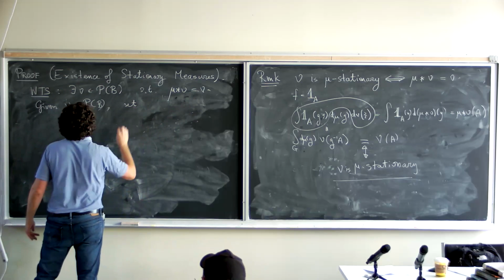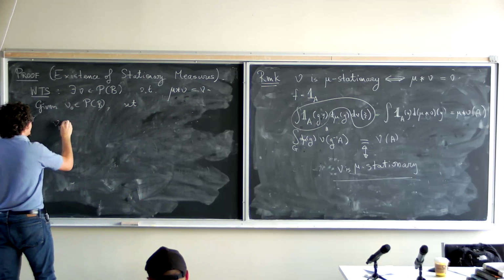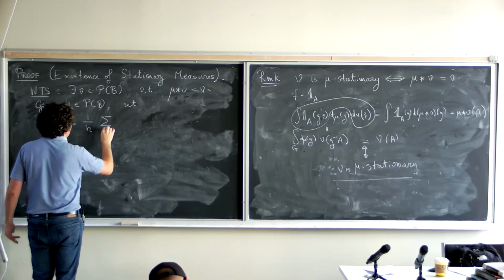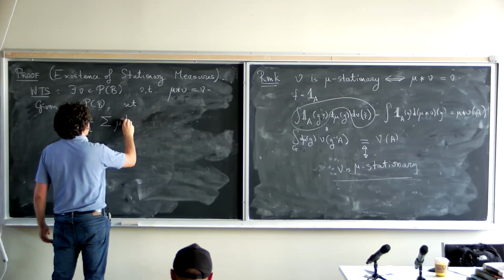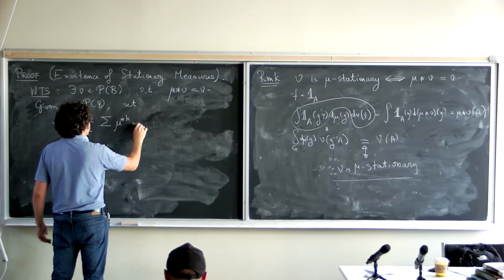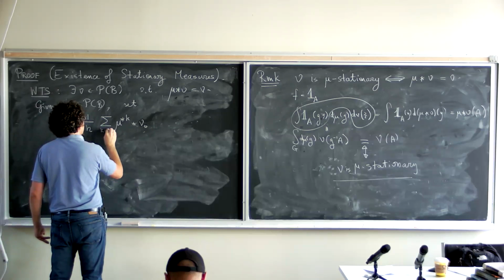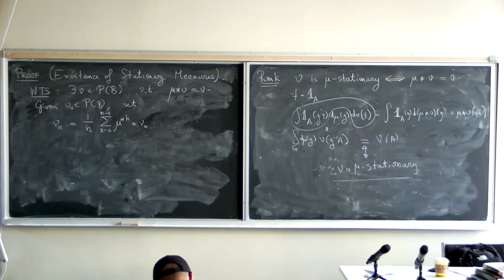Then you set nu n as 1 over n sum over k equals 0 to n minus 1 of mu convolution k times with itself star nu 0. So it's important to take this average.